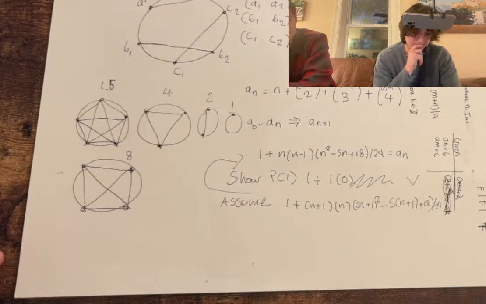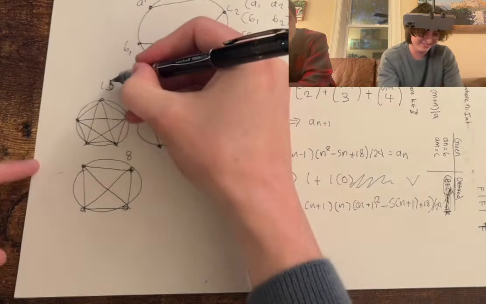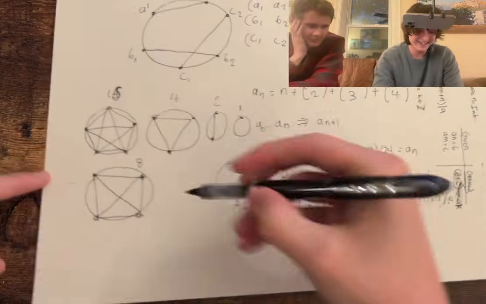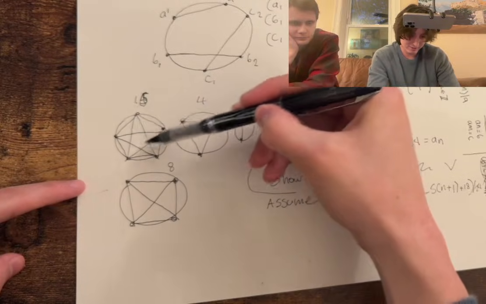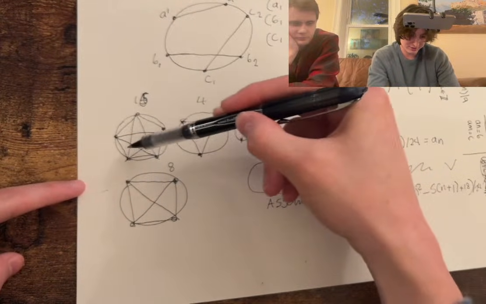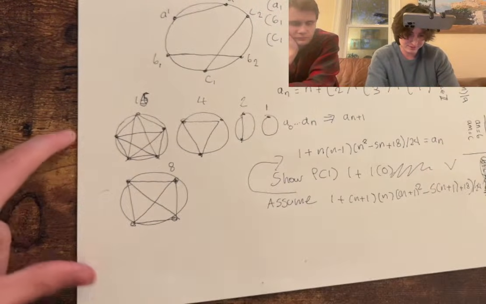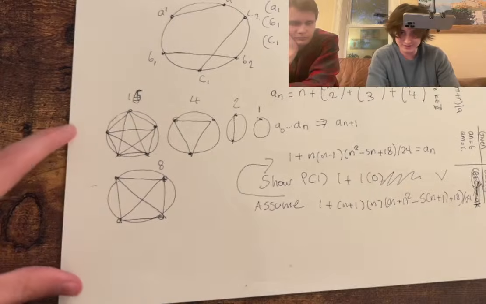No, it's 16. What? It has to be, right? 1 in the middle, then there's the 5 points of the star, then there's these 5, and then there's the 5 outer slices. So that's 3 5s and a 1.